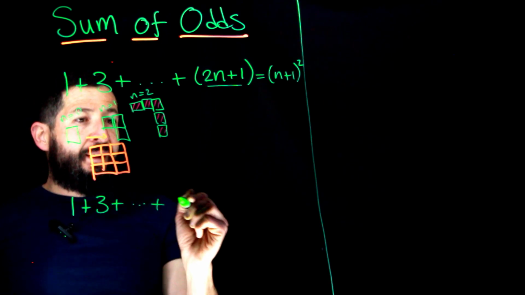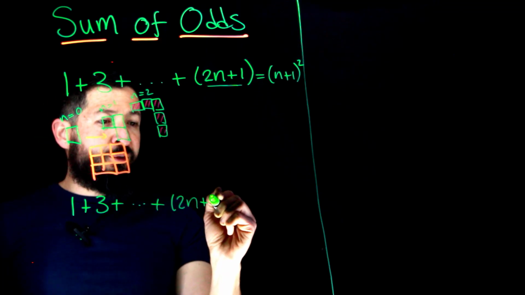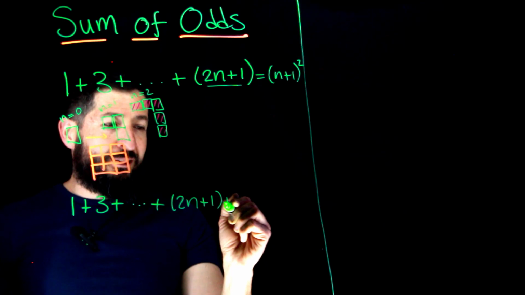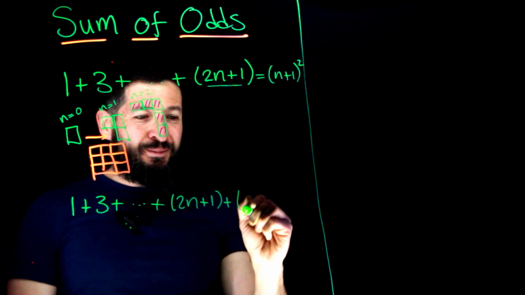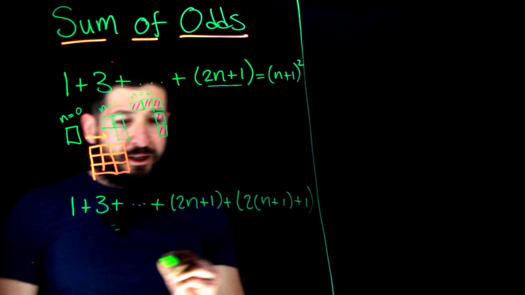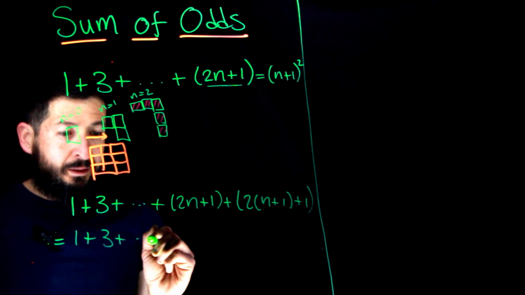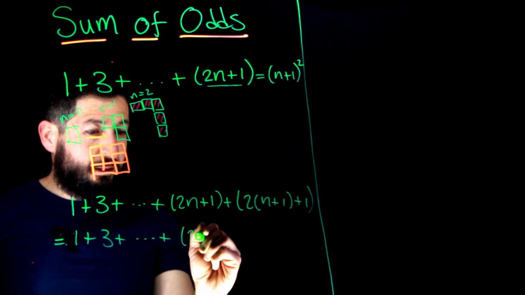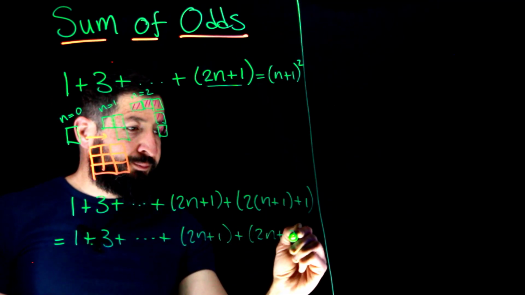What would this equation look like for n plus 1 instead of n? So instead of adding n plus 1 terms, you're going to have n plus 1 here, and the last term would be 2n plus 3.